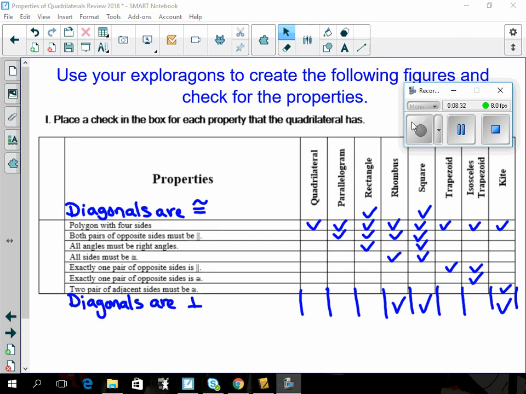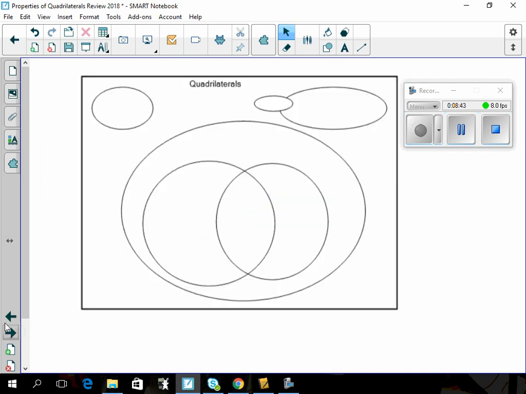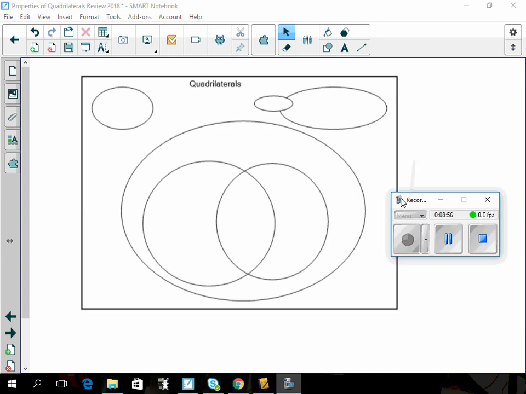So now that we've started talking about the different types of properties and the different kinds of quadrilaterals, we are going to go ahead and look at how they're all related to each other. What I mean is, this is actually something called a Venn diagram, okay? And you're going to have a word list that I'm going to present to you.